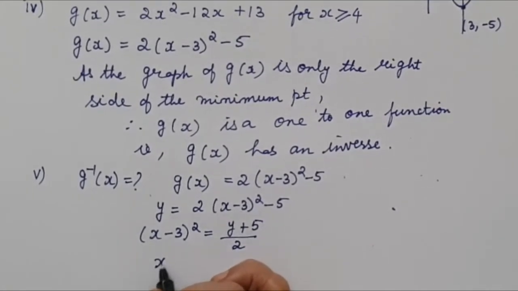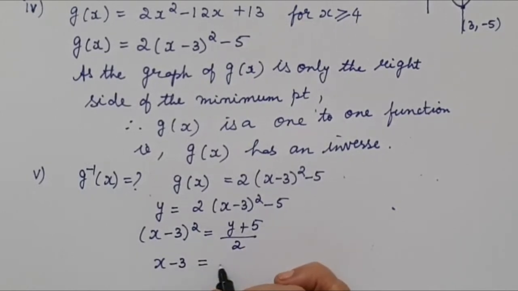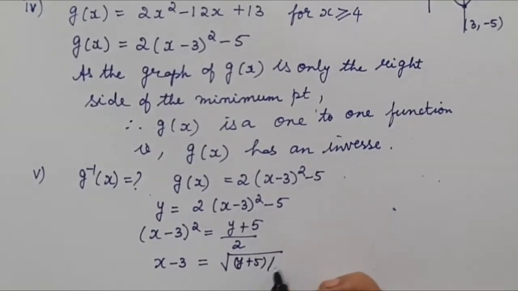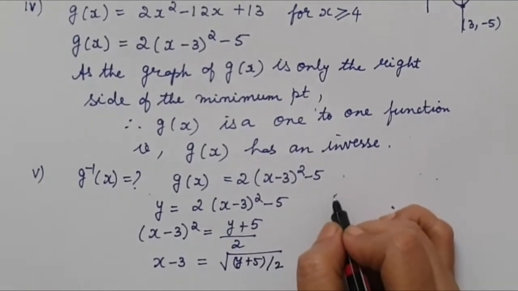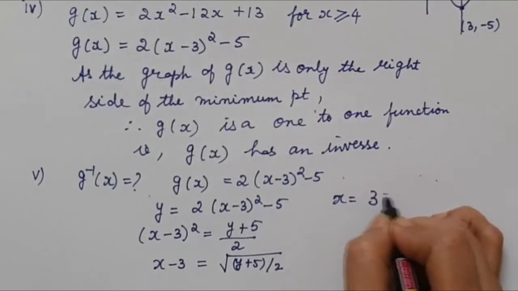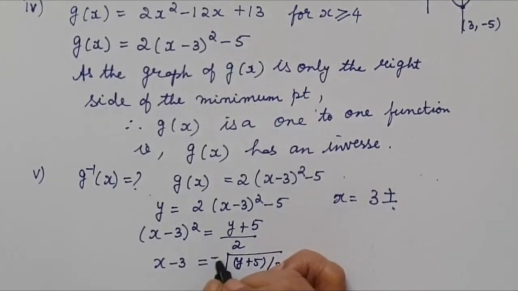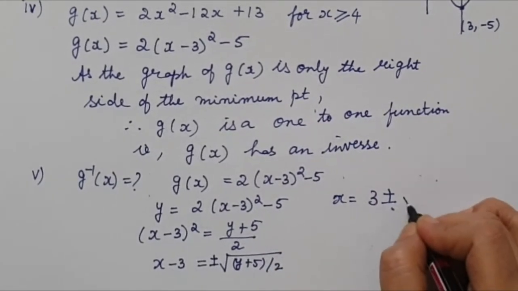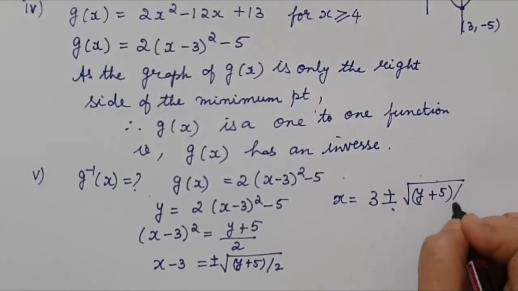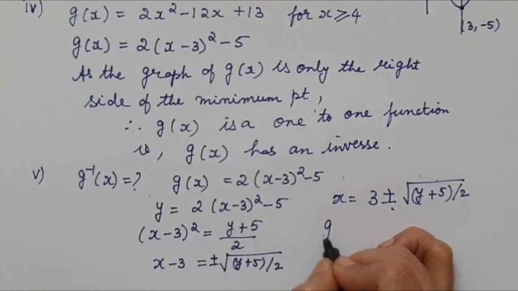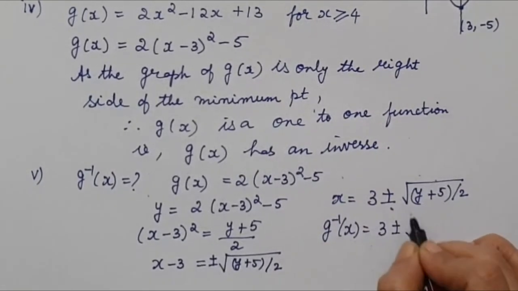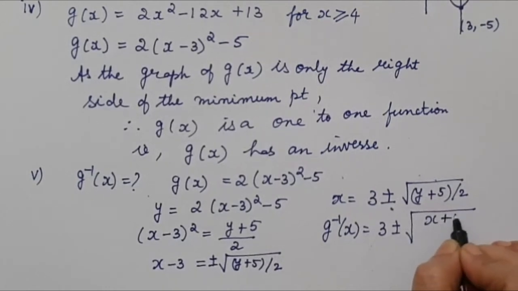Then x minus 3 will be equal to square root of (y plus 5) over 2, and then x will be equal to 3 plus or minus, always with a square root we write a plus or minus, square root of (y plus 5) divided by 2. Or we can write it as g inverse of x will be equal to 3 plus or minus square root of (x plus 5) over 2.